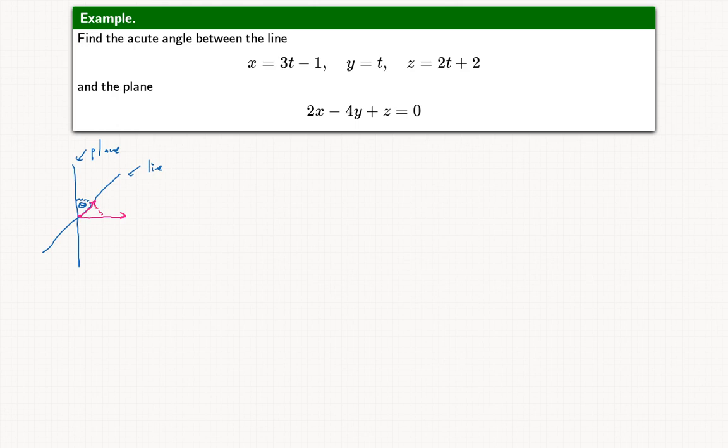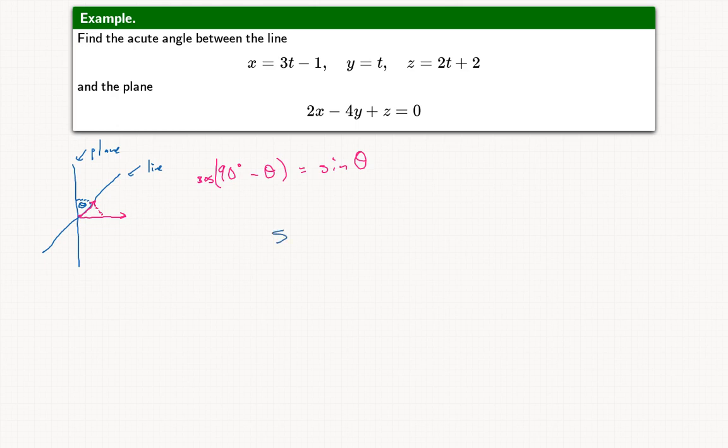And so we'll use the fact that cosine of 90 degrees minus theta is sine of theta. So to find the angle, we'll just take sine inverse of the dot product instead of cos inverse.